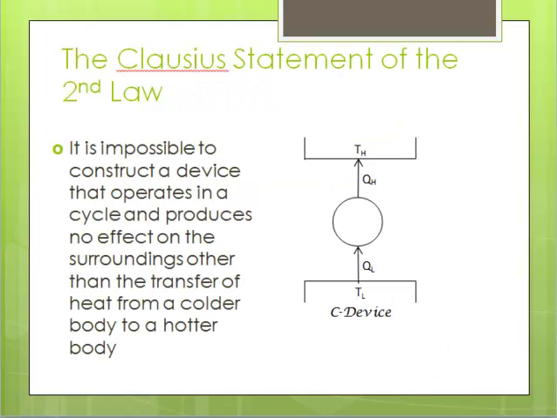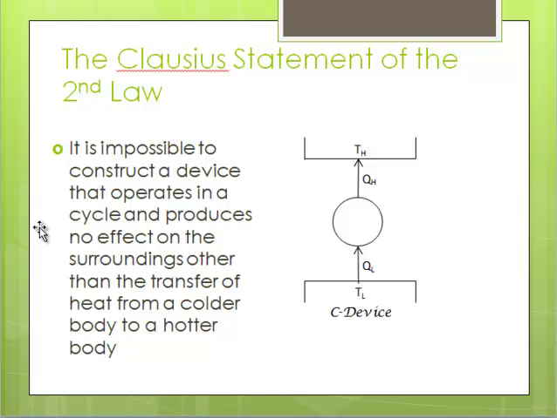So let's look at one of the first statements of the second law of thermodynamics. This is the Clausius statement. It's a strange sounding explanation of the second law, but what it tells us is about limitations, and that's really what the second law is all about. It's different ways of analyzing the limitations we have.